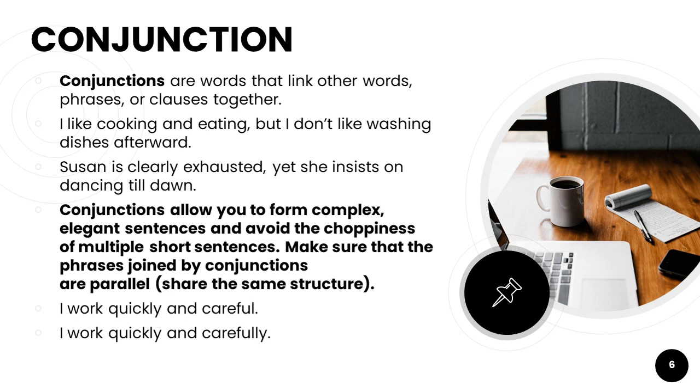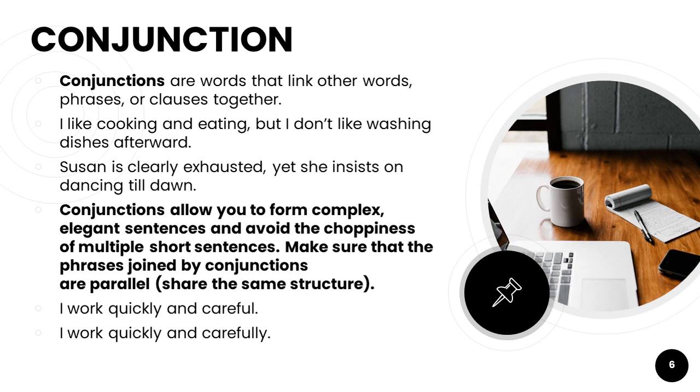Conjunctions are words that link other words, phrases, or clauses together. Example: I like cooking and eating, but I don't like washing dishes afterwards. Another example: Susan is clearly exhausted, yet she insists on dancing till dawn. Conjunctions allow you to form complex, elegant sentences, and avoid the choppiness of multiple short sentences.